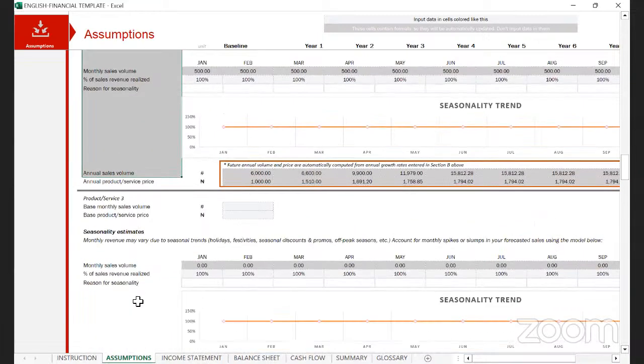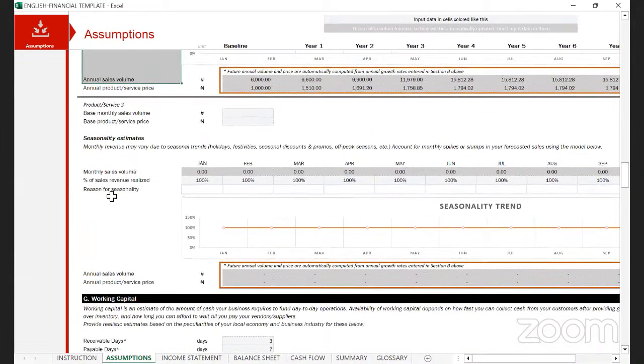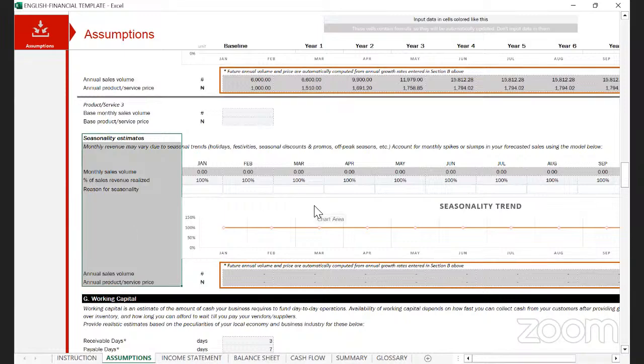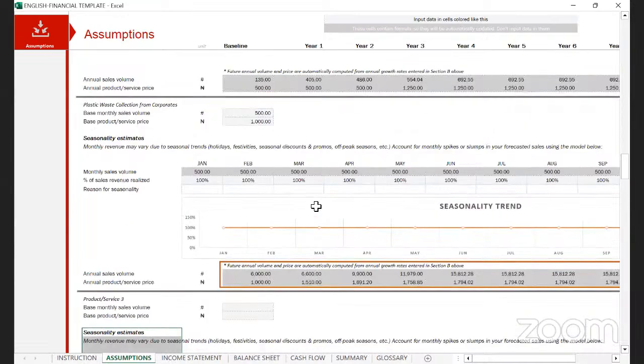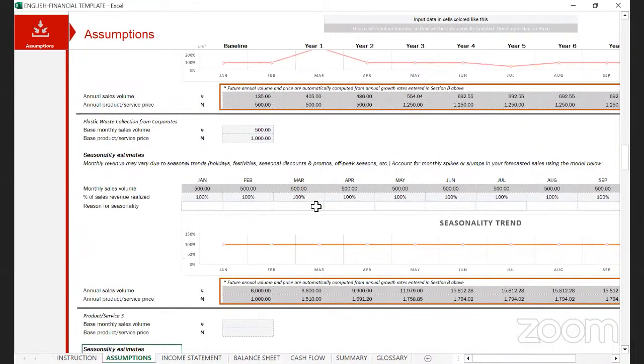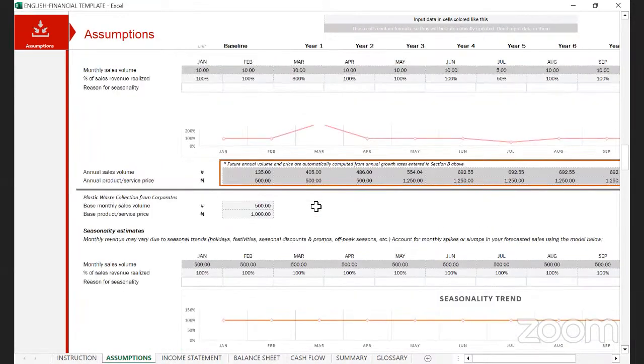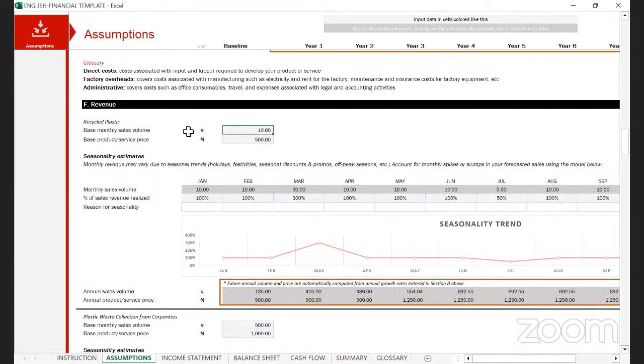And then there's an allocation for a 3rd section here, even though we have only 2 sections. But this template allows you to fill projections for up to 3 different products or services. And what happens is that you put in what your monthly sales volume is, what you anticipate.